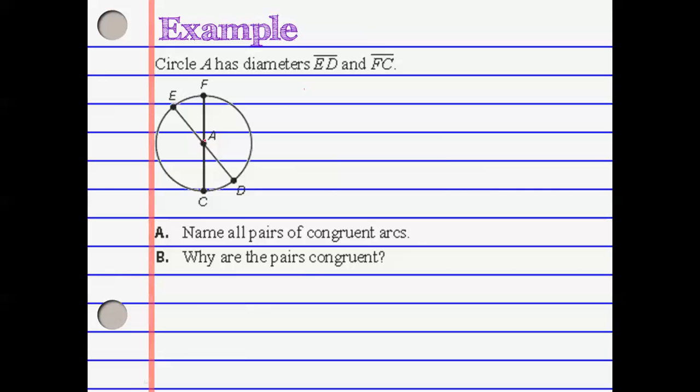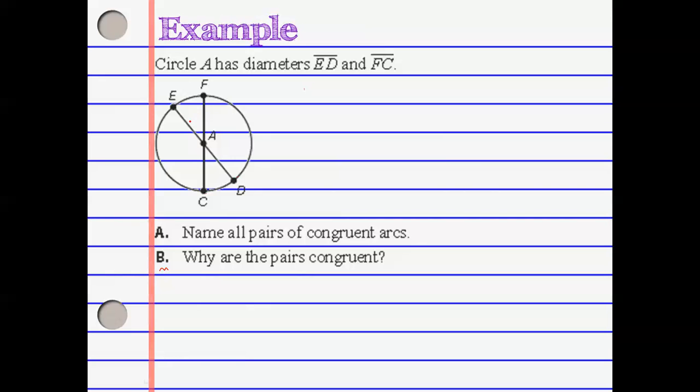Here we have circle A, and it has diameters ED and FC. We want to name all of the congruent arcs and then explain why those pairs are congruent. Let's talk about the question of why the pairs are congruent first.